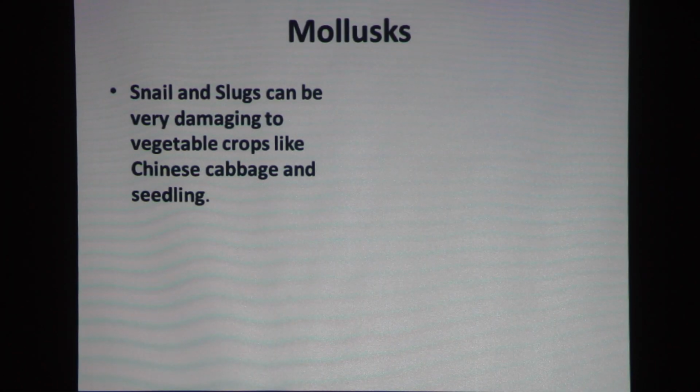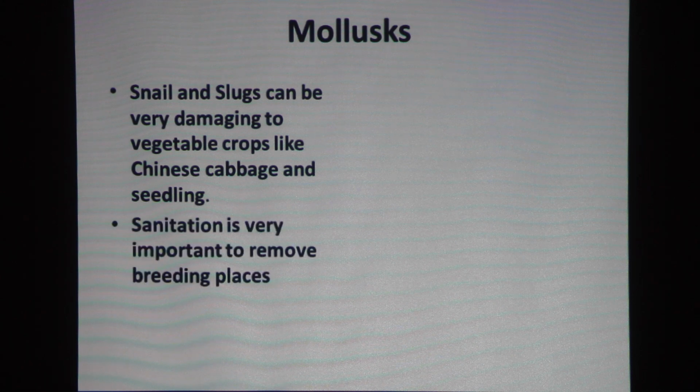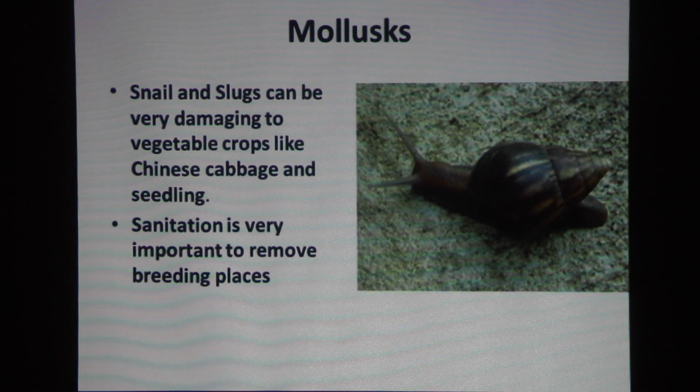Mollusks, snails and slugs can be very damaging to vegetables, cabbages and seedlings. Sanitation is very important to remove the breeding places. Snails like to breed or stay under cover, like under roots, in compost areas, under weeds.